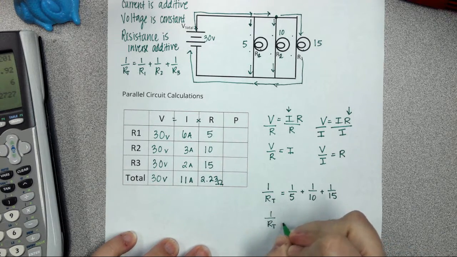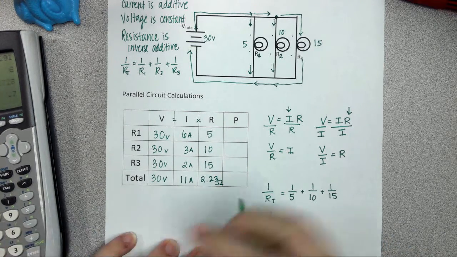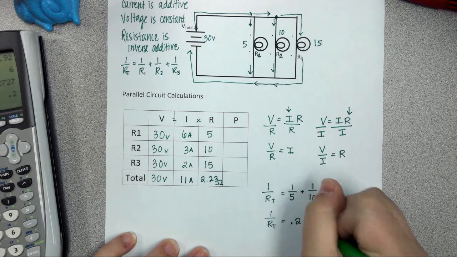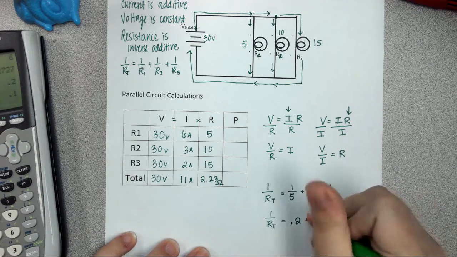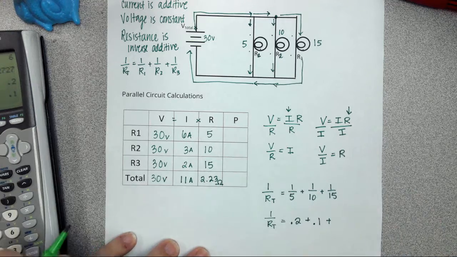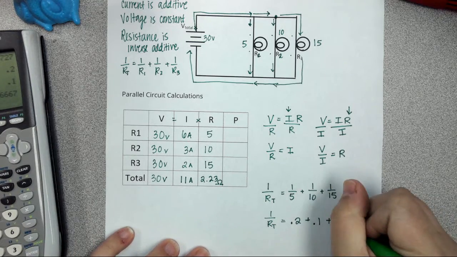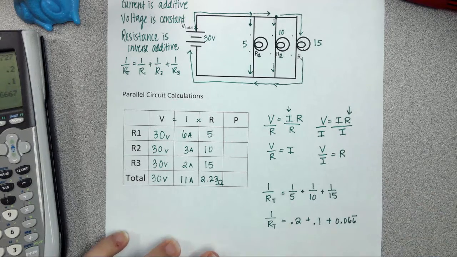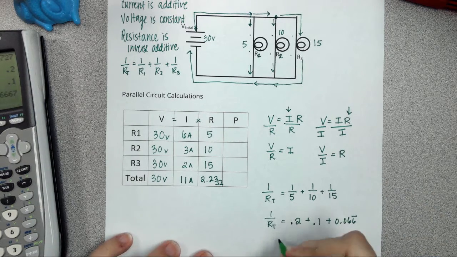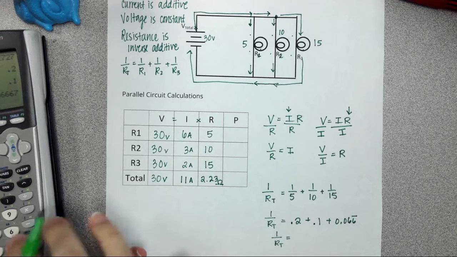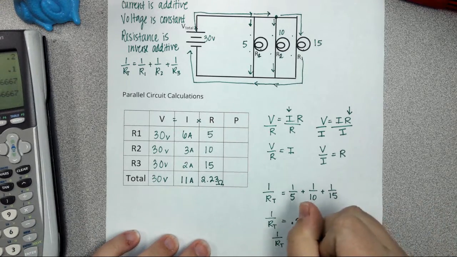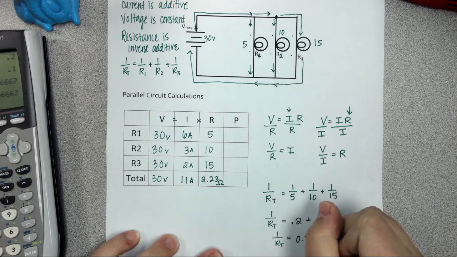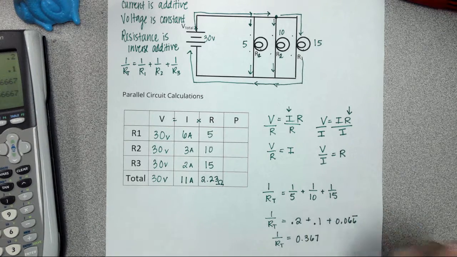So 1 over RT is equal to 1 over 5, which is 0.2, plus 1 over 10, which is 0.1, plus 1 divided by 15, which gives us 0.066 repeating. So then you just add those up, and 1 over RT is equal to 0.366. I'm going to round it to 7 there.